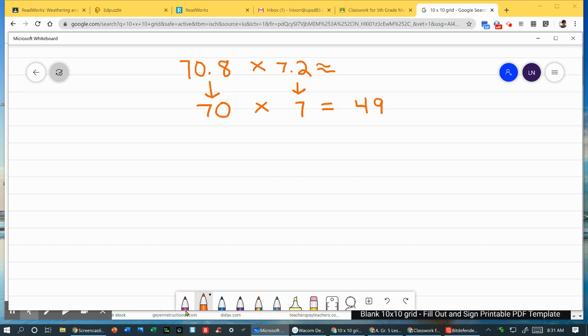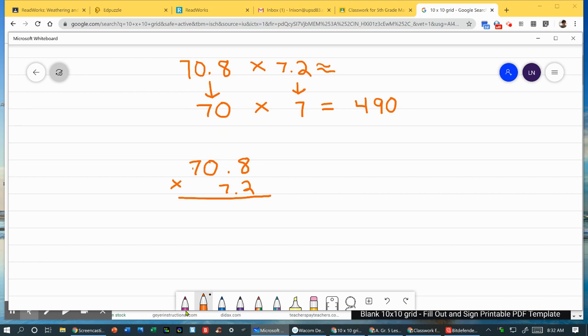So my estimate is that my product should be around 490. All right, now go ahead and find the exact product and place your decimal. When you've got your answer, go ahead and start up the video again.